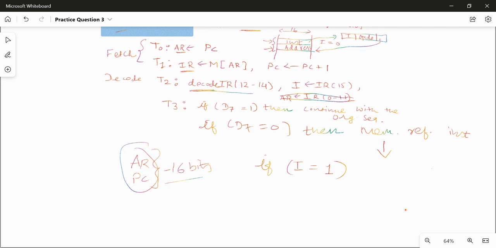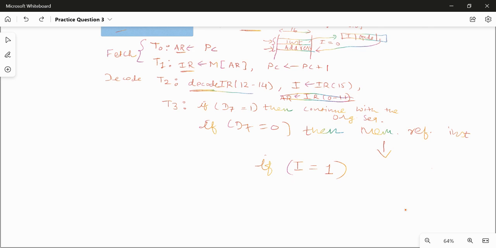So if we consider this change in the size of AR and PC, then we have to understand that AR will need a 16-bit address value. But as per the information given in the question, the address part of 12 bits is sufficient for AR. That means only the first 12 bits will have the actual address value, and the remaining 4 bits can be set to 0 to make a total of 16 bits.